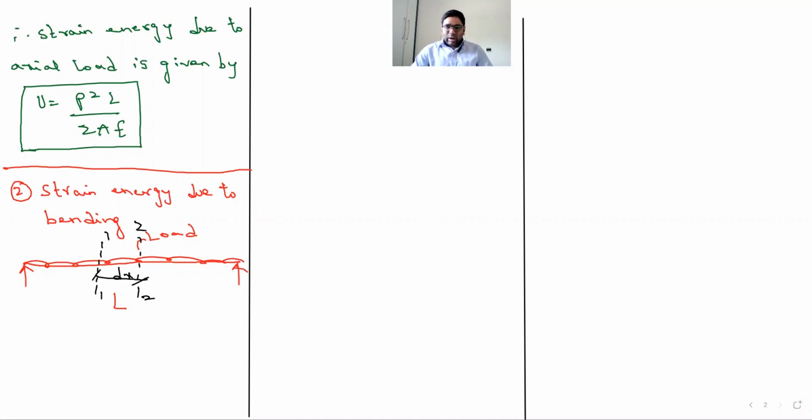Okay. Now let us try to zoom it. We need to calculate the area also. So I'm just trying to sketch the strip separately.